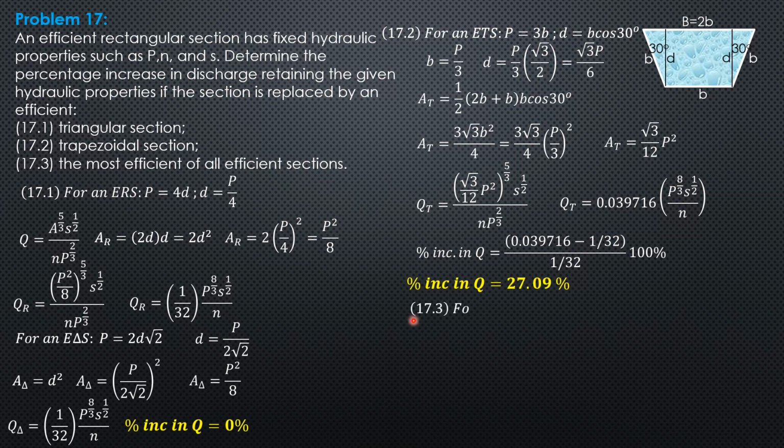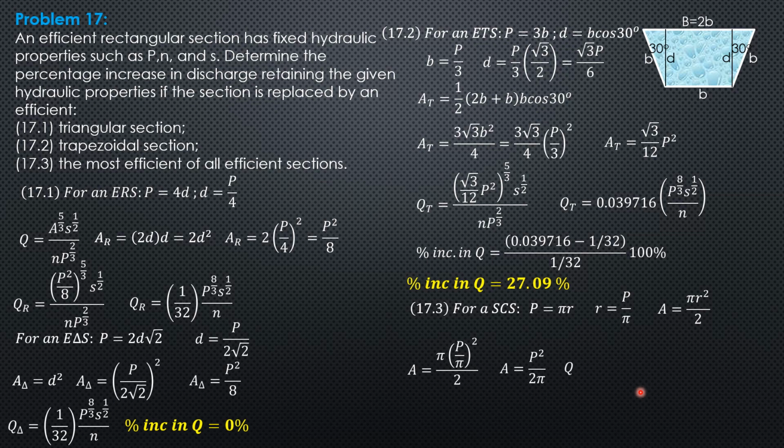Finally, for the most efficient of all sections, which is the semicircular section, the perimeter is pi r, so the radius is P over pi. The area is pi r square over 2, replacing r by P over pi, quantity square. Simplifying, it is P square over 2 pi.